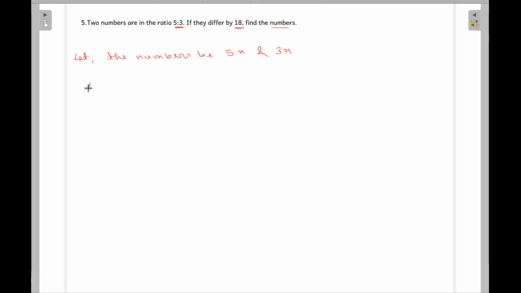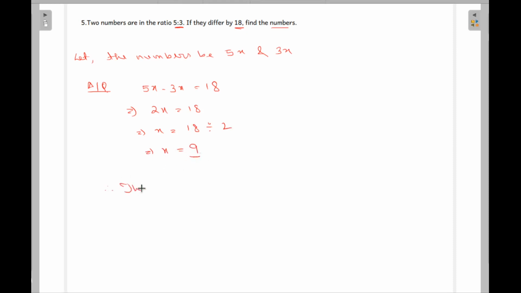Now according to the question, if they differ by 18, that means their difference is 18. That means 5x minus 3x is equal to 18. Now 5x minus 3x is twice x equals 18. Or we can write directly x equals 18 divided by 2. That means x equals 9. The value of x is 9.